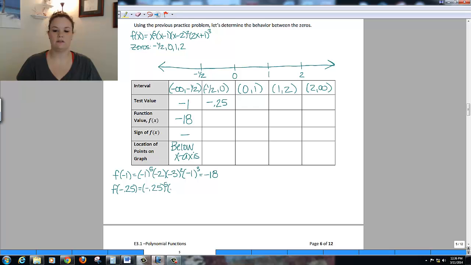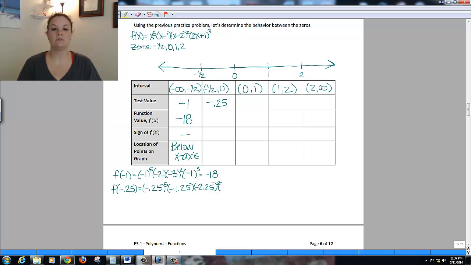to the fifth times, when I plug -1/4 into my second quantity, I do x minus 1. So -0.25 minus 1 is -1.25. When I plug it into my third quantity, negative 0.25 minus 2 is negative 2.25, and that quantity is squared, times my last quantity, which here says to do 2x plus 1.